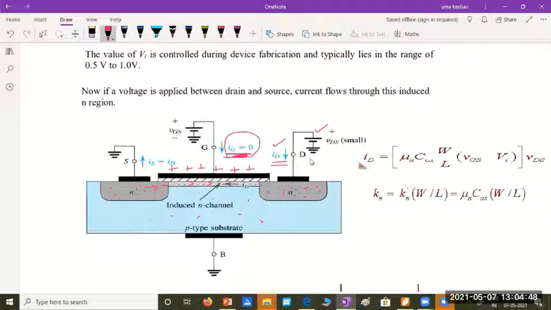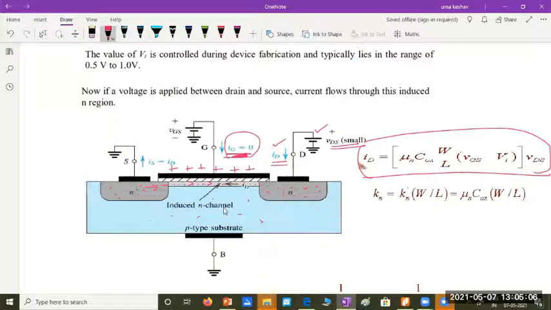We have two versions. The first version is when I have a small value of drain source voltage. Whenever you have a small drain source voltage, the expression for drain current is given like this. Because in this region, the MOSFET behaves like a resistor, where there is an increase in drain current for change in drain source voltage.